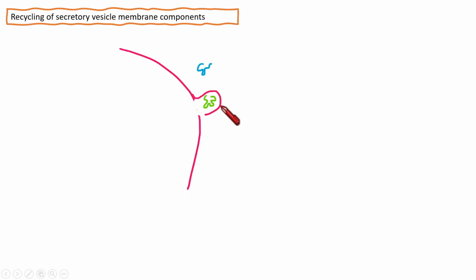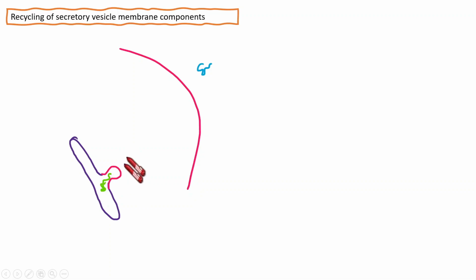Endocytosis happens, and because of endocytosis, a portion of the plasma membrane forms a vesicle, and this vesicle, as it joins with the trans Golgi, can again recycle the lost part of the Golgi complex.